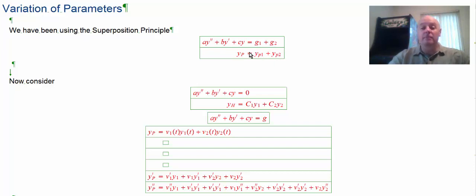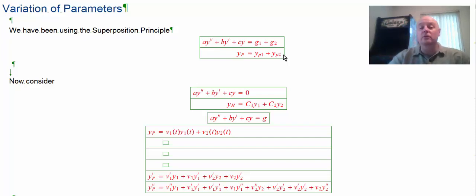We have a particular solution, y sub p1, that hits the target g1. In other words, if I put it in the left-hand side of the equation, g1 comes out. And we've got a particular solution, y sub p2, that hits the g2 target function. So if my target function is the sum of the two targets, then my particular solution is just the sum of those two particular solutions. That's our principle of superposition.